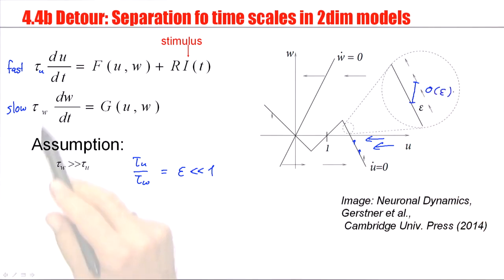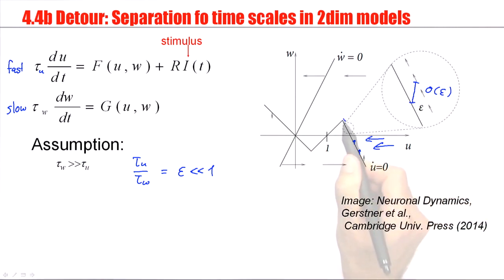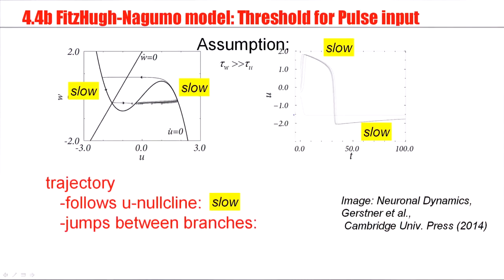So as the separation of timescales becomes stronger and stronger, as epsilon goes to 0, the trajectory becomes slower and it gets closer to the U-null line. Once it's up here, it can jump, and it jumps with a fast timescale. So here's a simulation of the FitzHugh-Nagumo model under pulse input under the assumption of a separation of timescales.